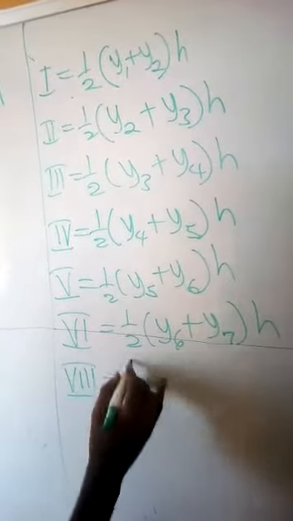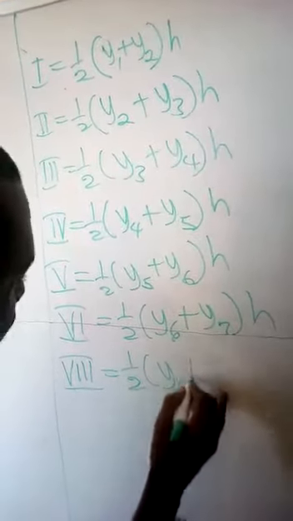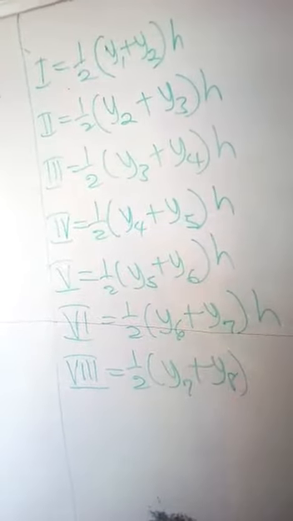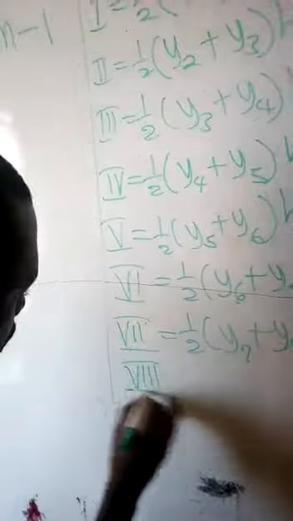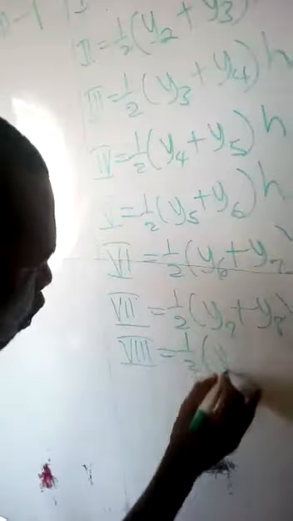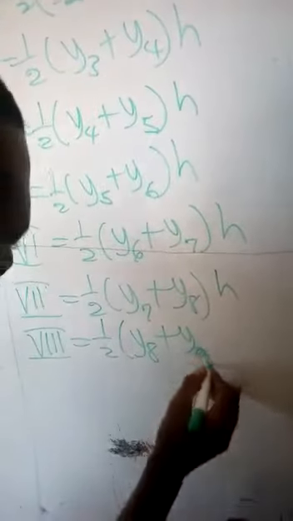The seventh, half of y7 plus y8 times height. And the eighth one, half of y8 plus y9 times height.